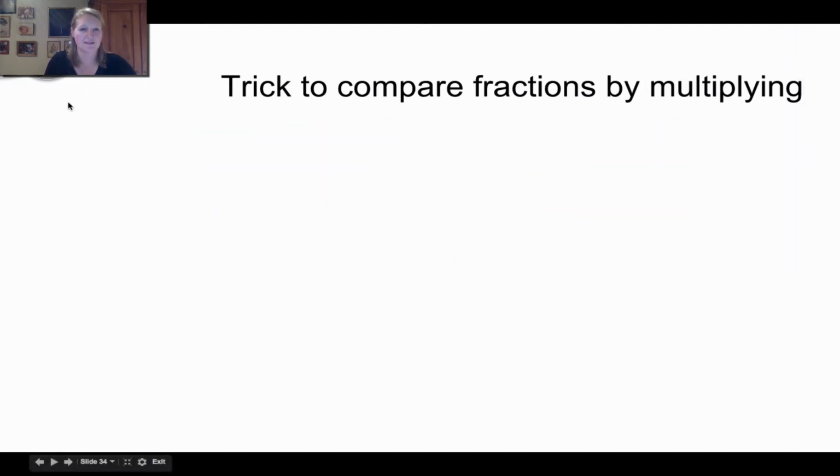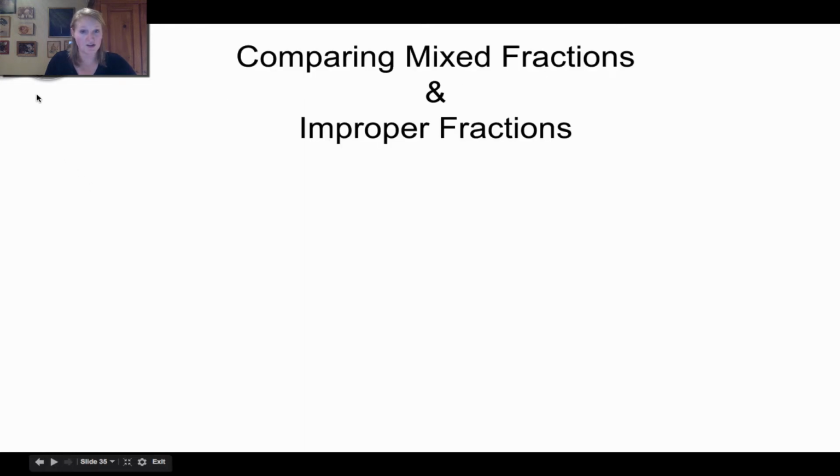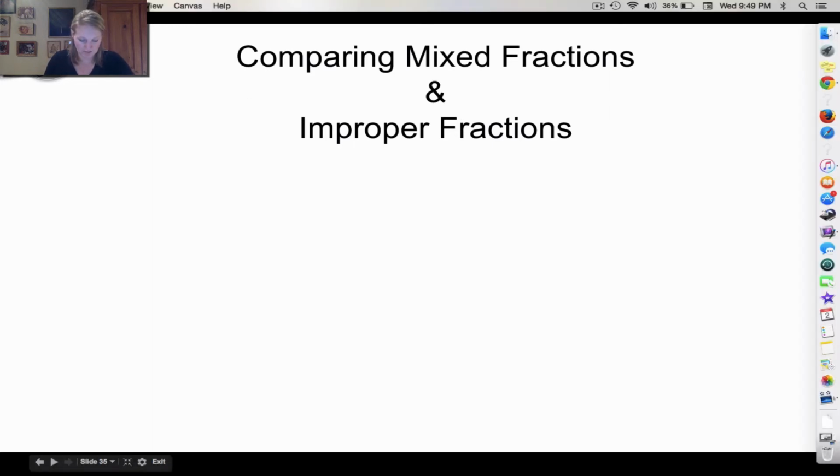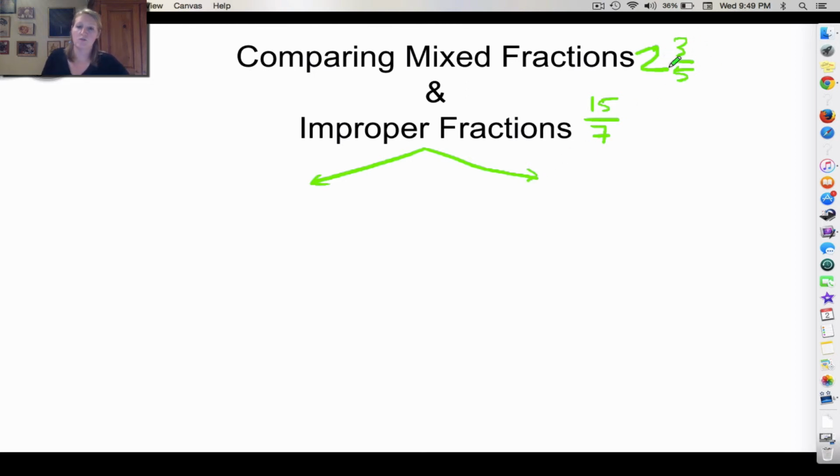And so the last thing that you need to know in your notes is, how do we compare mixed fractions and improper fractions? So for example, if you have a mixed fraction of 2 3/5, and you have an improper fraction of 15/7, okay, you can compare these in two ways, and the two ways are really just converting one into the other.